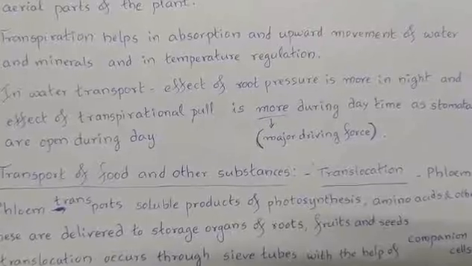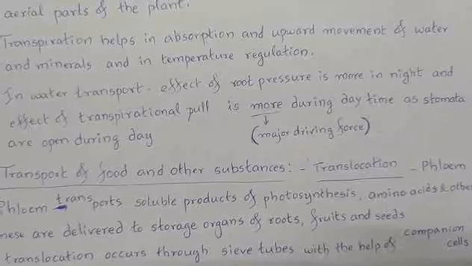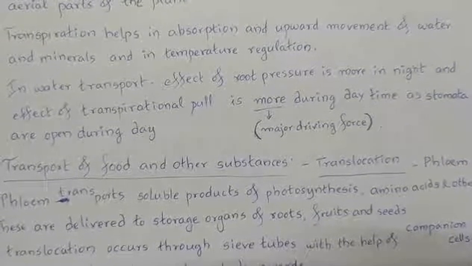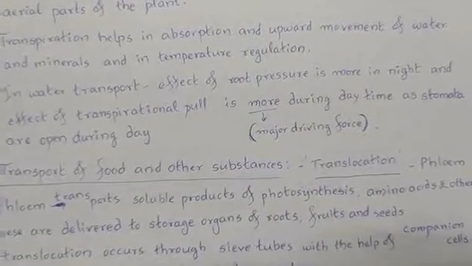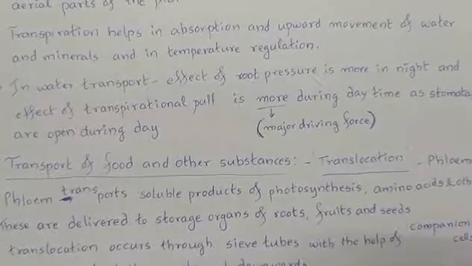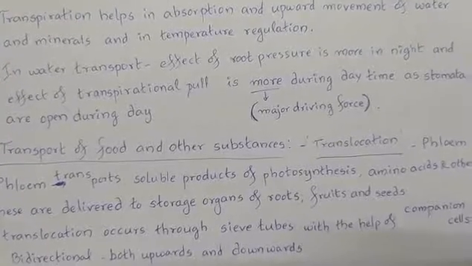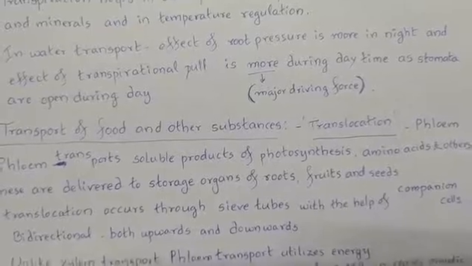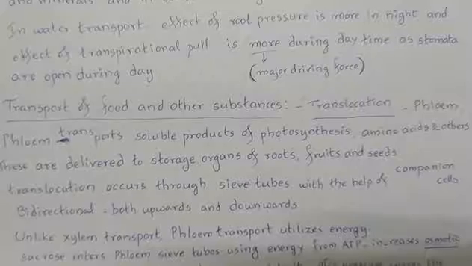In water transport, there are two major forces operating at two different times. The effect of root pressure is the major driving force for water transport during the night because stomata are closed at night. And the effect of transpirational pull is the major driving force during the daytime as stomata are open during the day.